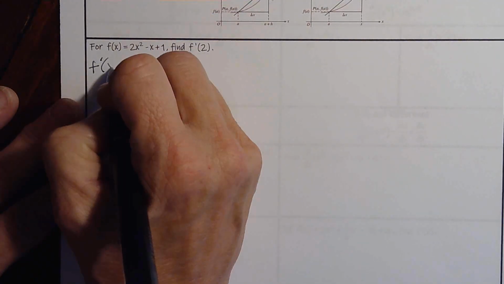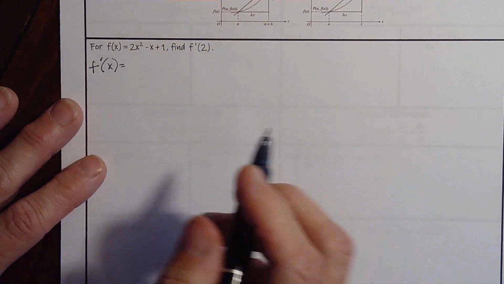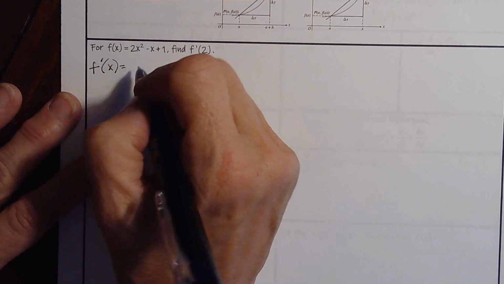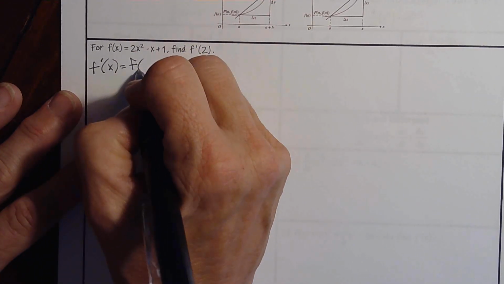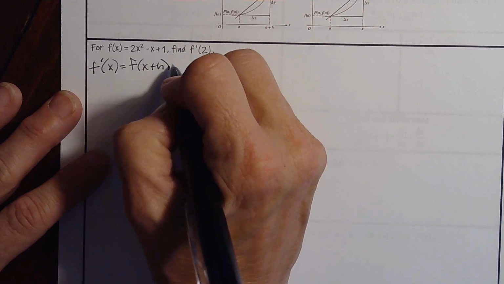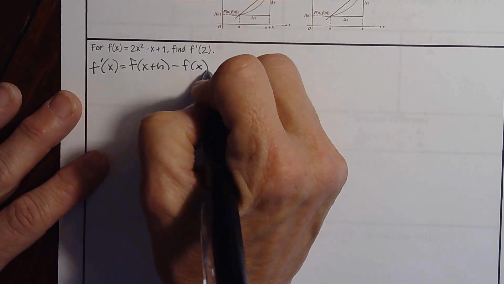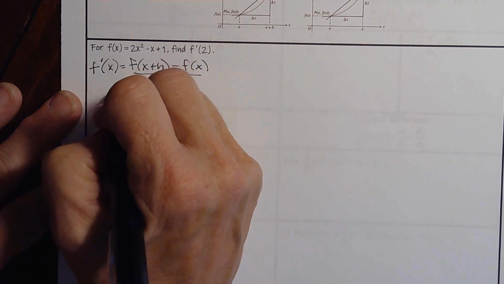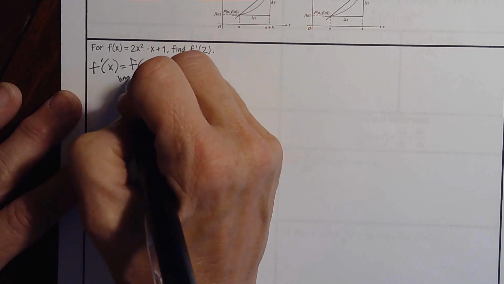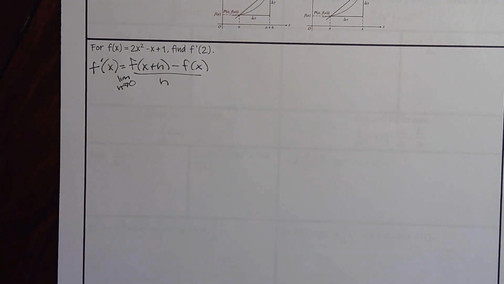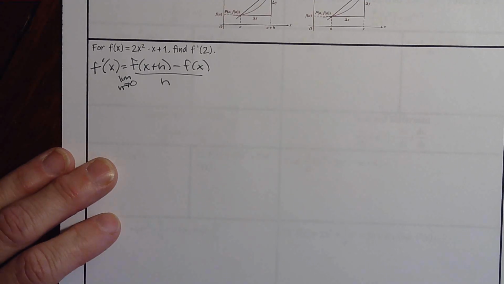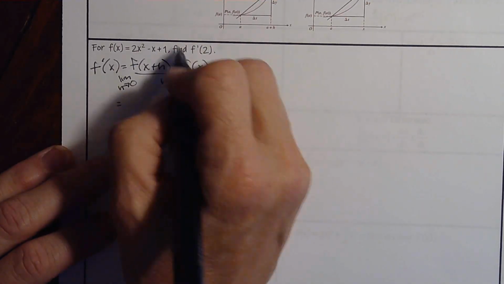So I want us to find f prime of x first, and we can do f of x plus h minus f of x all over h. Oh, I left my limit off. And I can't tell you how important it is that you carry your limit with you. Okay, so here's what we've got.